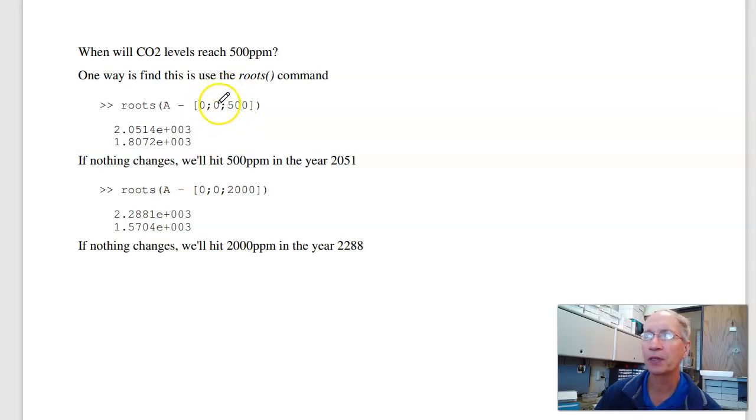So subtract 500 from the constant term, with y squared, y, and 1, and when this is equal to 0, y is equal to 500. The answer is 2051 plus a spurious solution. When will the CO2 levels reach 2000? That's the year 2288 plus a spurious solution.